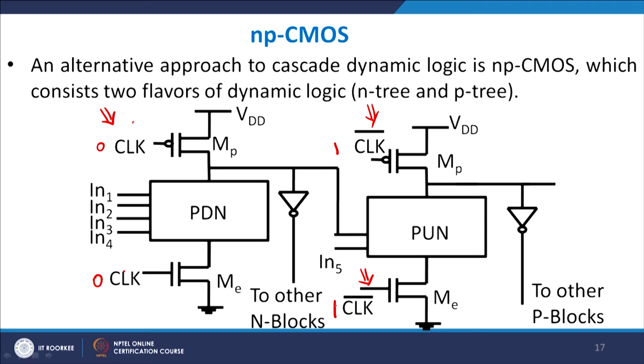Out of all these four designs, if clock is 0 and clock bar equals 1, this evaluation transistor will be on and this will be on, both will be on together. As a result you will have a direct path between these two points, provided ME is on, provided your input is a high value. But for NP logic, I would like you to go through it in a much more detailed manner from this book, and it gives you a very good idea about NP logic design.